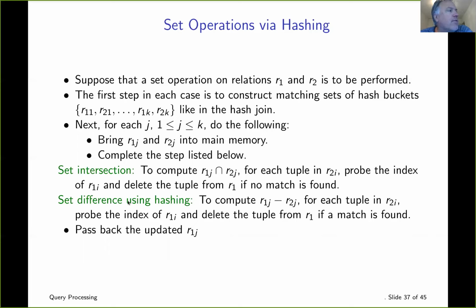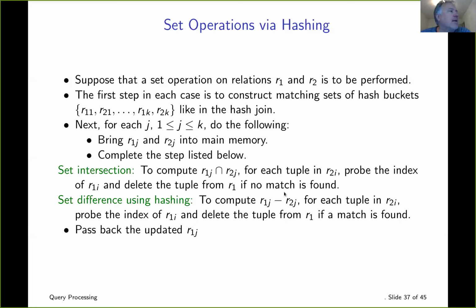For set difference, with R1 and R2, for each tuple in R2, probe the index for R1. If it's there, in other words, if they're going to be minused out, then delete the tuple from R1. That makes sense.